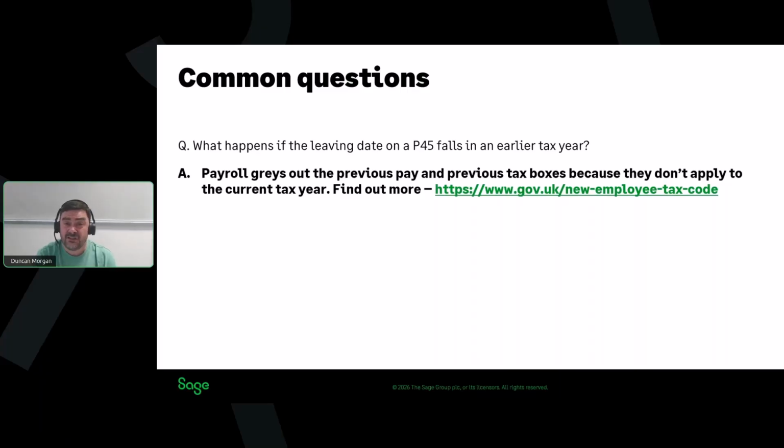If the tax code is BR0T, D0, or D1, you would use statement C. But I have linked to a really useful link from the gov.uk website here on the handout.